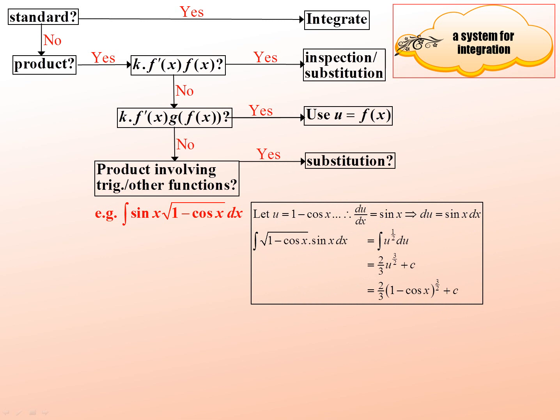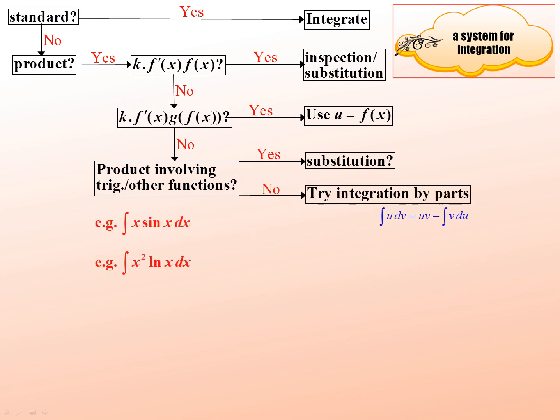So we're going to let u equal 1 minus cos x, du by dx is sin x, du is sin x dx. So I'm going to take that sin x for that dx, write it there, and there's what's left. I can now substitute the u, and I'll have square root of u, or u to the half, du. Integrate and substitute back.